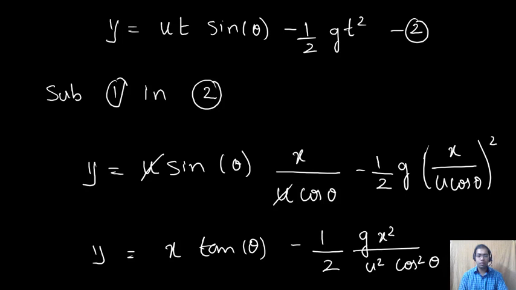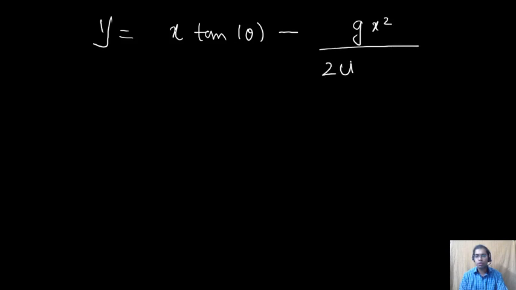If I rewrite this expression, I have y is equal to x tan of theta minus gx square by 2u square cos square theta. Now this is the equation of the projectile.